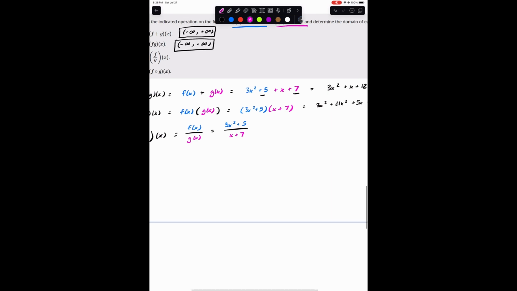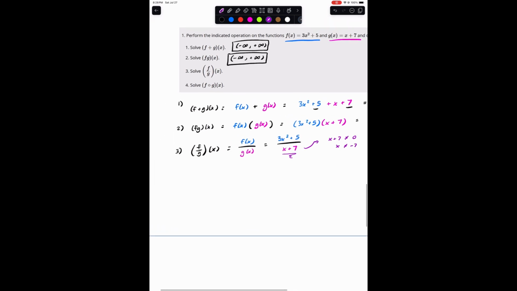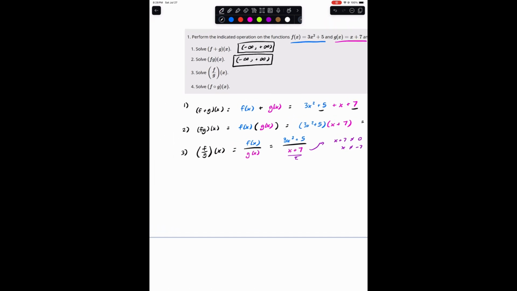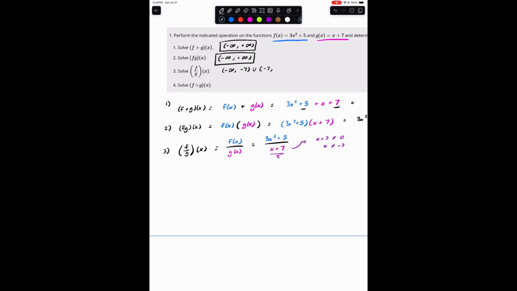Now we have a denominator, right? So this becomes our new restriction. So x plus 7 cannot be equal to 0. x cannot be negative 7. So our new domain becomes negative infinity to negative 7, excluded, union, negative 7 excluded to positive infinity.